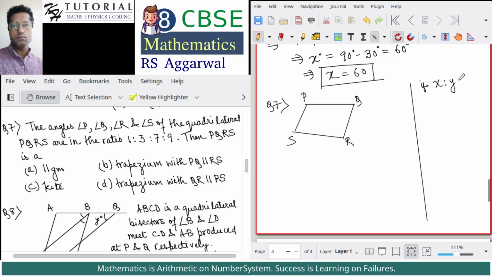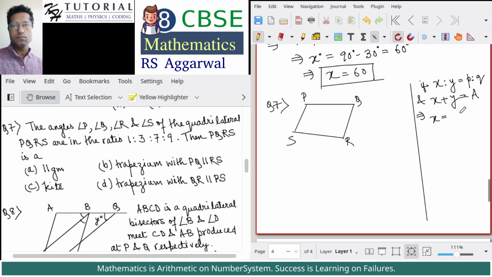If the ratio x is to y is equal to p is to q, where p and q are some numbers, and it is given that x plus y is equal to a, we can directly find the values of x and y.